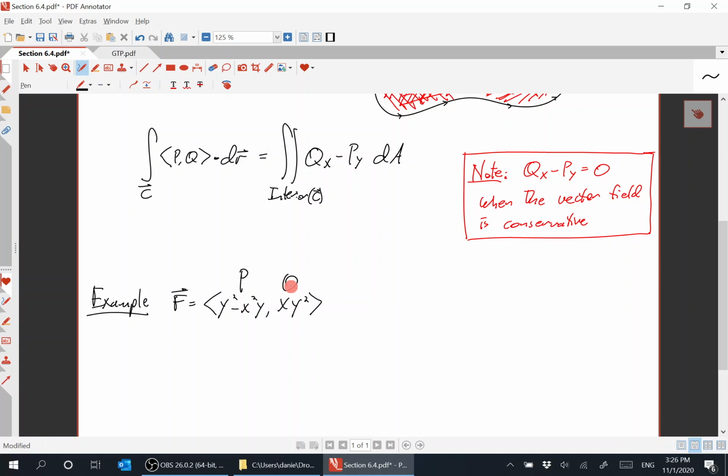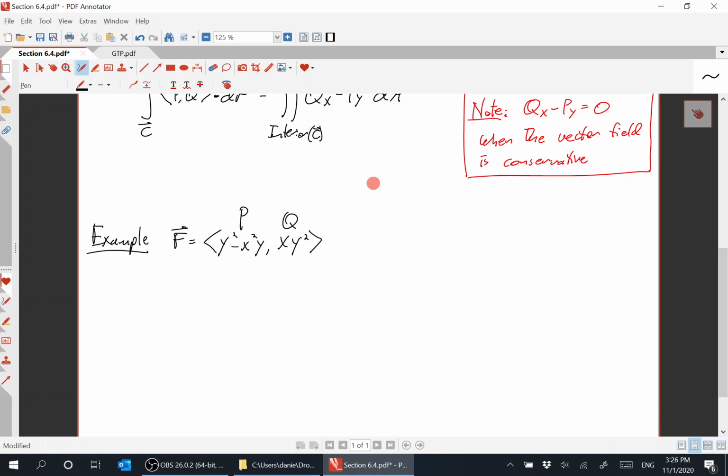So this is the P and this is the Q, and this is not conservative because Qx is equal to y squared and Py is equal to 2y minus x squared, right?